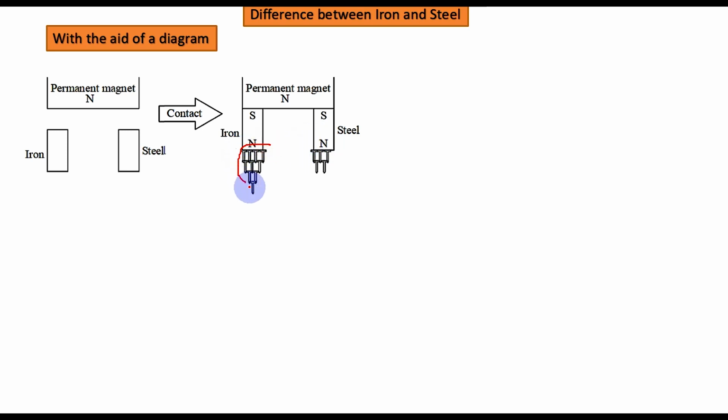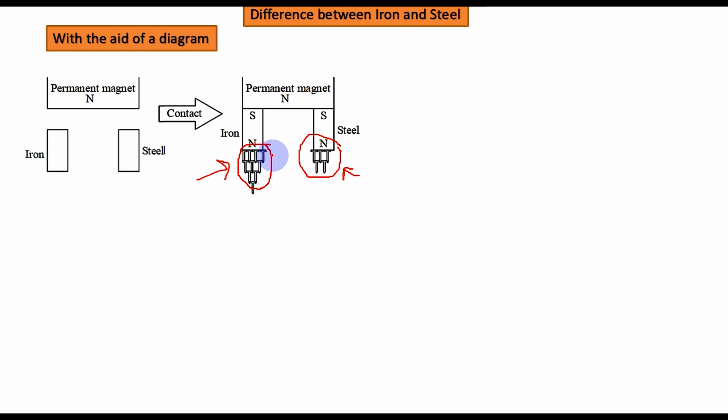Now look at iron. Have you seen the number of nails that it has attracted compared to the number of nails that steel has attracted? Immediately they've been attached to a permanent magnet, you'd see that on the iron, there are a lot of nails that have been attracted compared to steel.